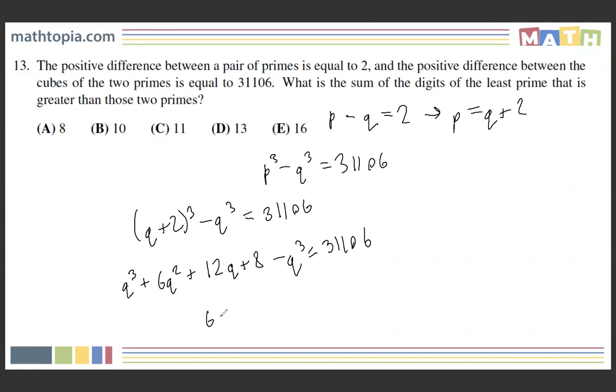So the cubes cancel out and we just get 6Q squared plus 12Q. Then if we subtract, we get minus 31,098, and that is equal to 0. And now we can divide everything by 6.